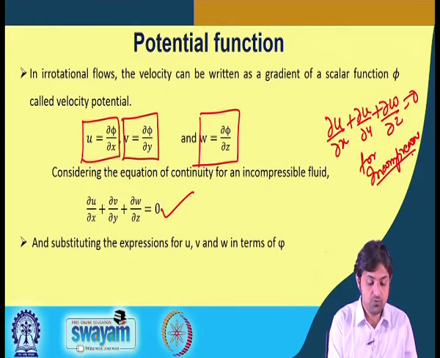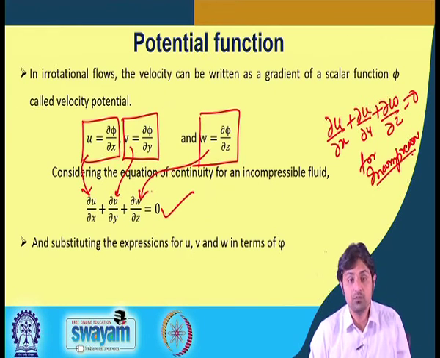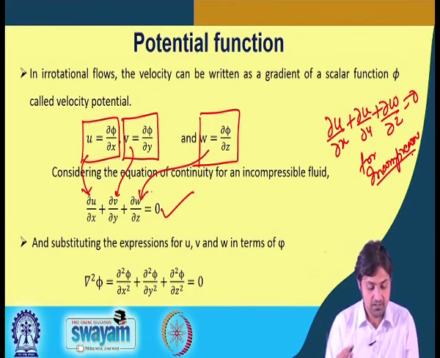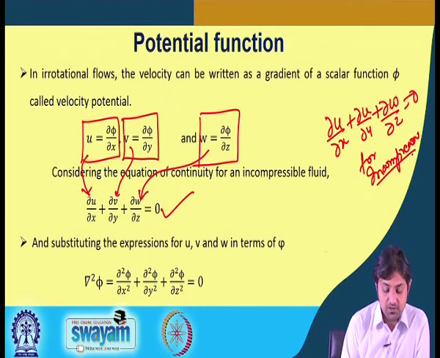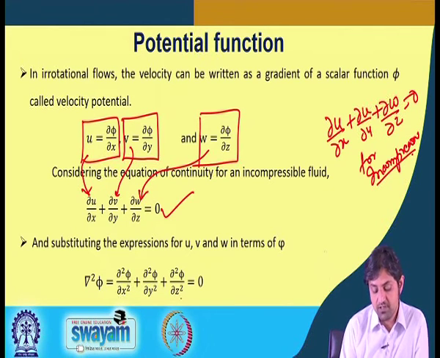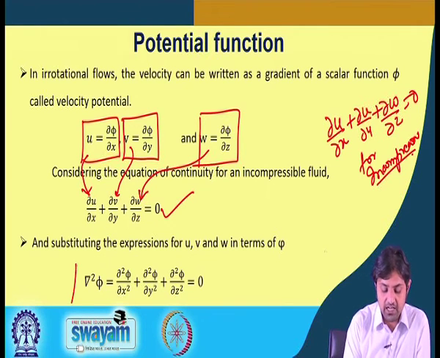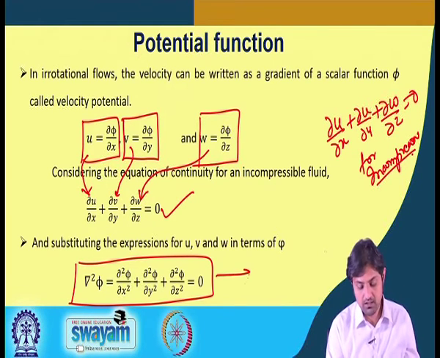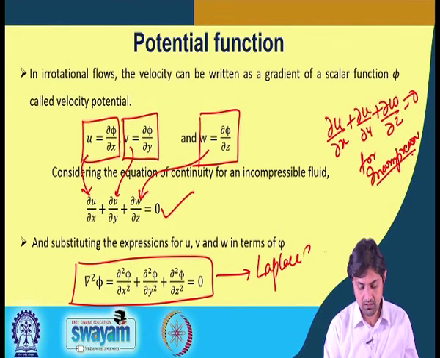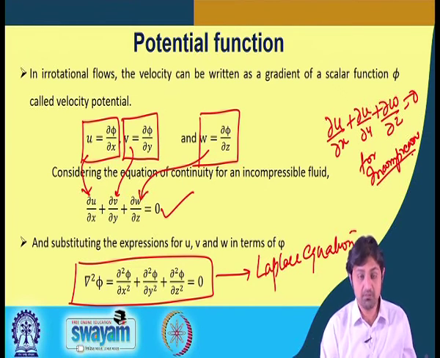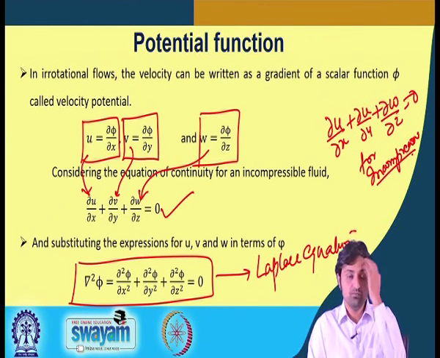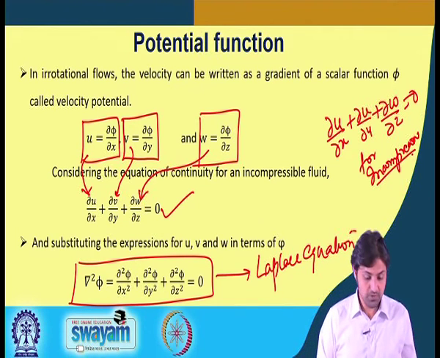And if we substitute these u, v and w here, what are we going to get? Del square phi is equal to del square phi by del x square plus del square phi by del y square plus del square phi by del z square, and this is again the Laplace equation. That's good. So, we can proceed now.